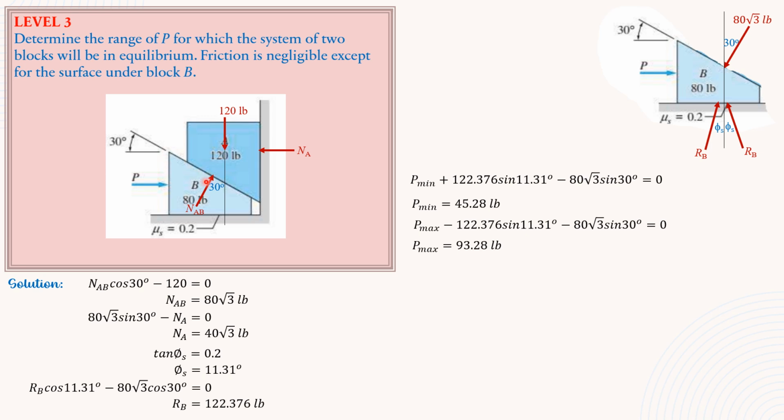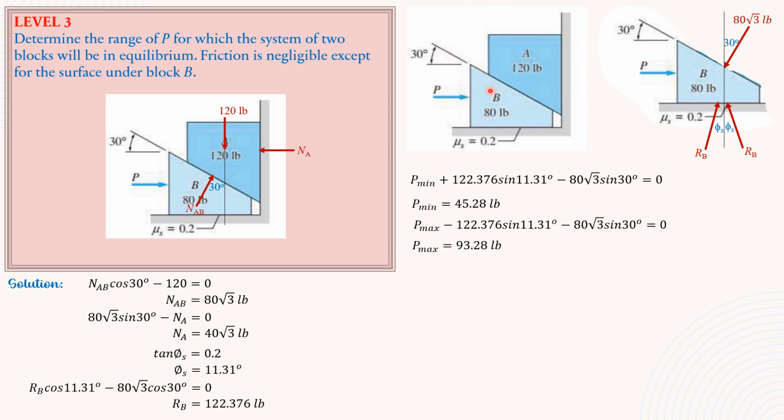we treat these two bodies as one, and there's no slippage along this plane. So take note that we have solved NA earlier as 40 square root of 3. Then we have the weight 120 pounds, here 80 pounds.